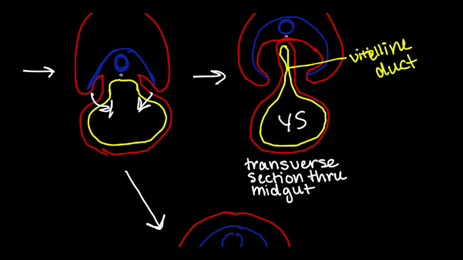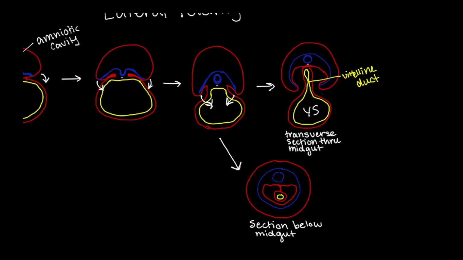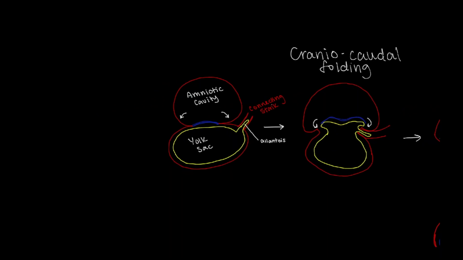And the yolk sac, it's a transitory structure. It contributes some of the first blood cells. It also houses germ cells. But that's looking at from a sagittal perspective. So not only will the embryo undergo lateral folding, it'll undergo craniocaudal folding.